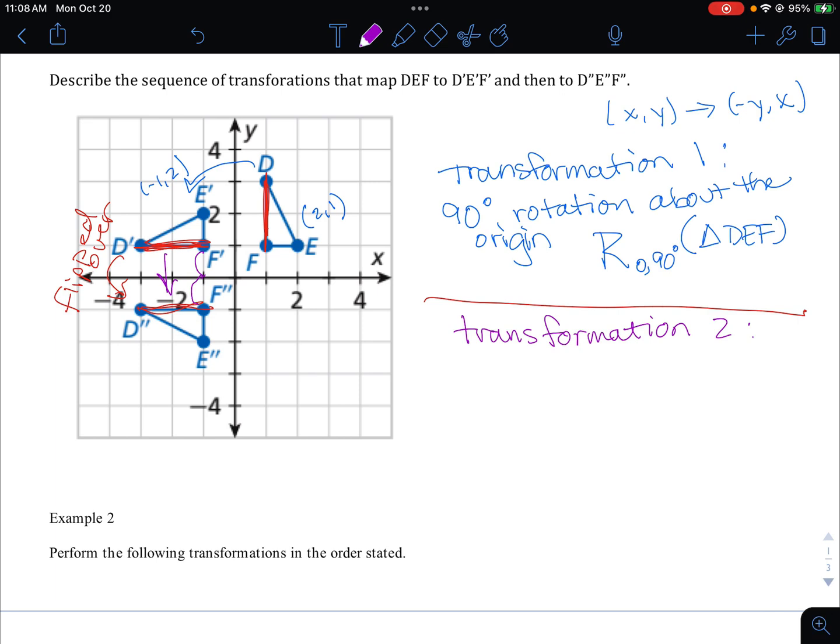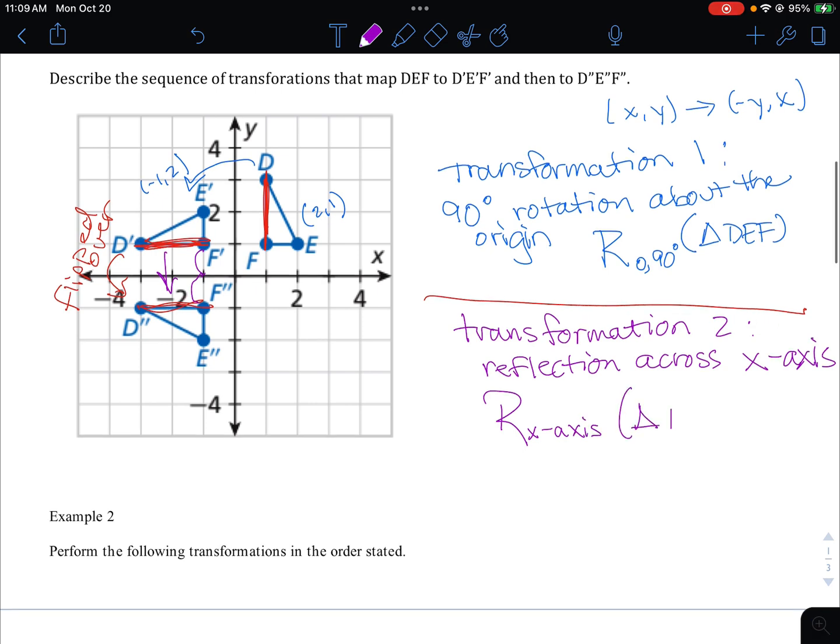That would be a reflection across the x-axis. If I were going to write that in notation, I would take D prime, E prime, F prime, and I would reflect it across the x-axis.